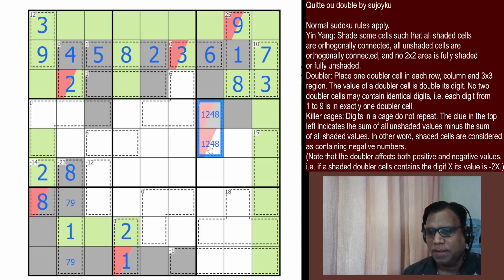But now 4 8 is remaining, right? 1 2 is gone here, so this is 4 8. So 4 is not here. Where is 4? That's the only place for 4, right? So what are these two now? 1 2, right? So where is 2 here? That has to be 2 by Sudoku, and that has to be 5.